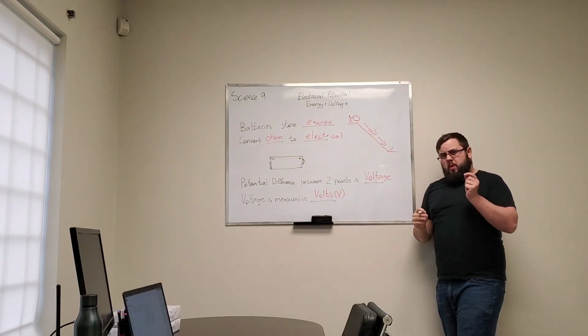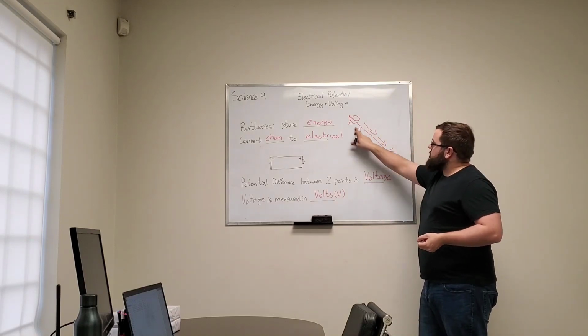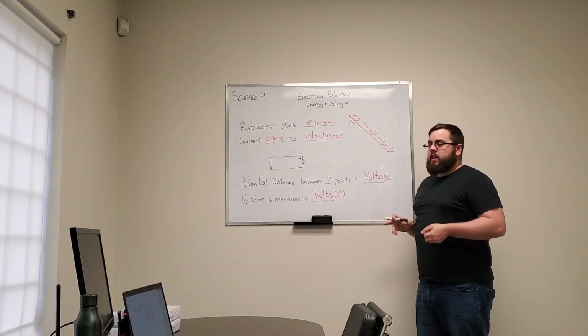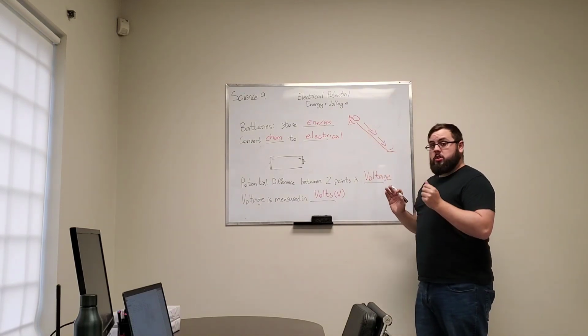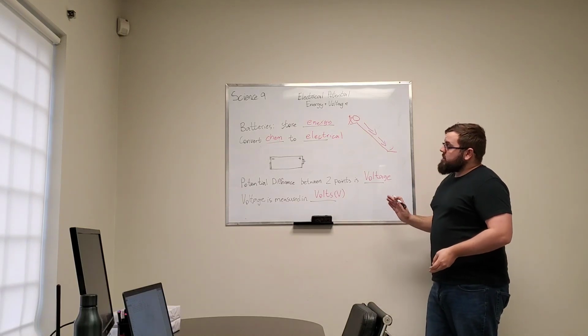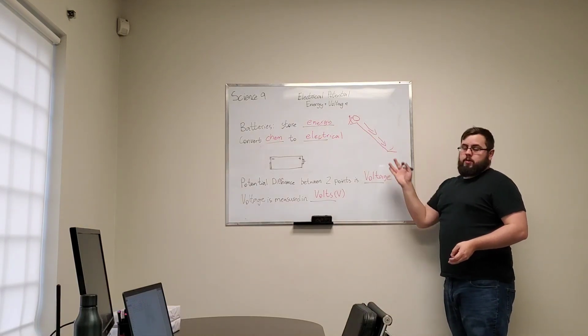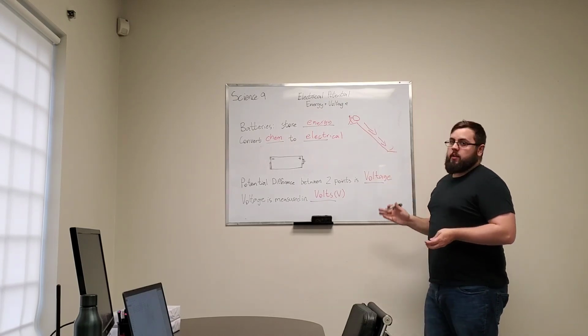So the voltage, or the potential difference, or the potential energy, is this possible energy that could be happening here. It's not necessarily the actual movement, it is just the potential for it. So that is voltage represented in gravity and a hill and stuff like that.